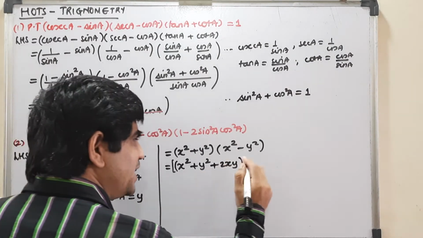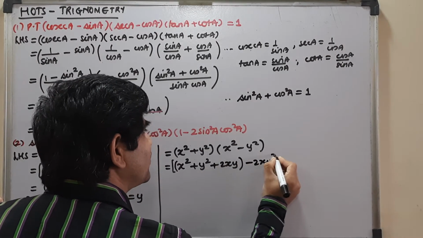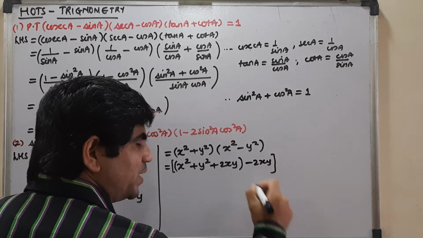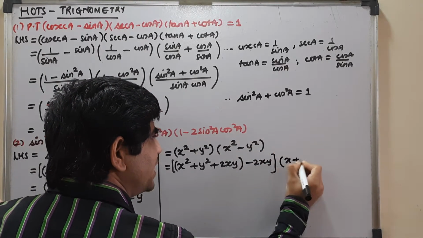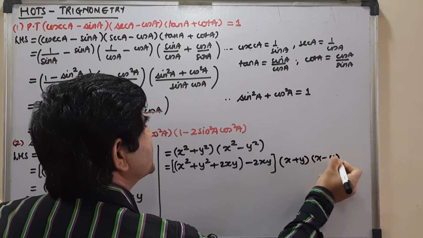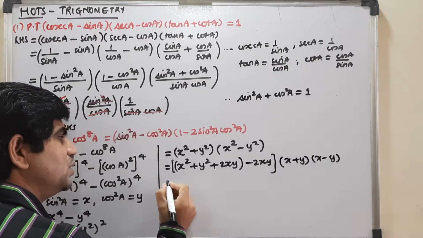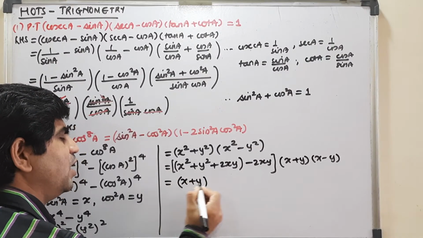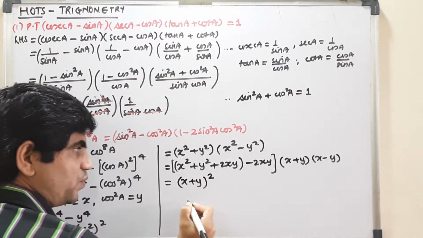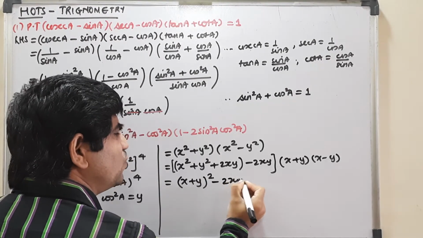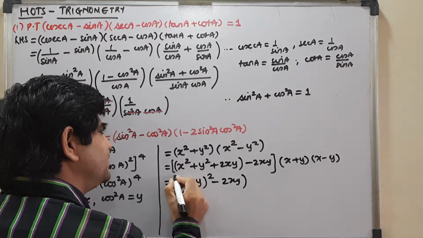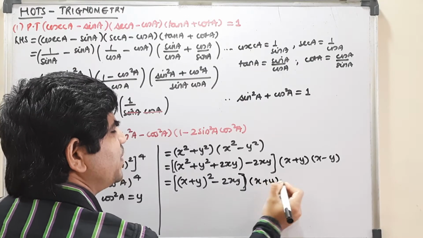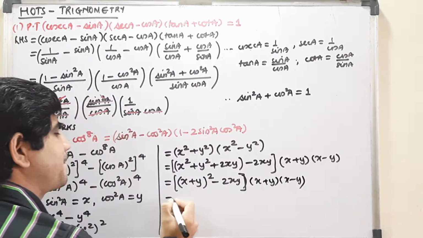That means, since I added it here, I will subtract it. And this x square minus y square is the a square minus b square formula, that is x plus y into x minus y. So this becomes the whole square formula of x plus y the whole square minus 2xy, no change over here, and x plus y into x minus y.